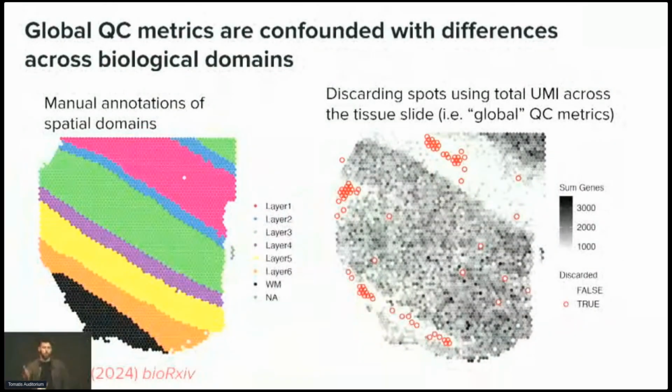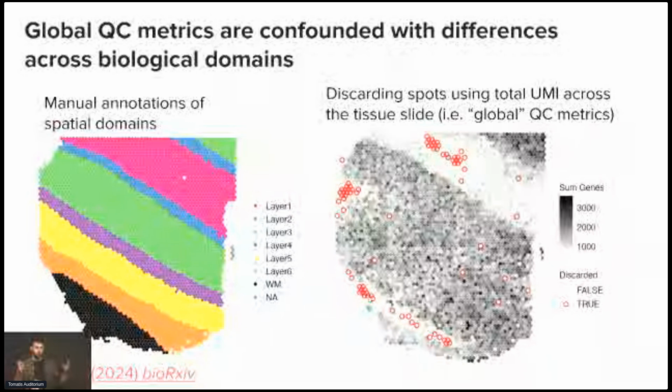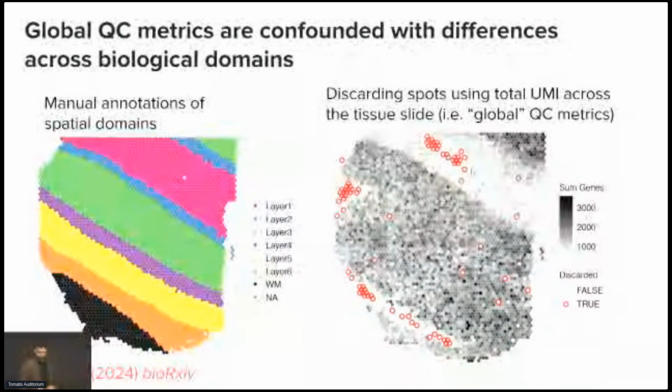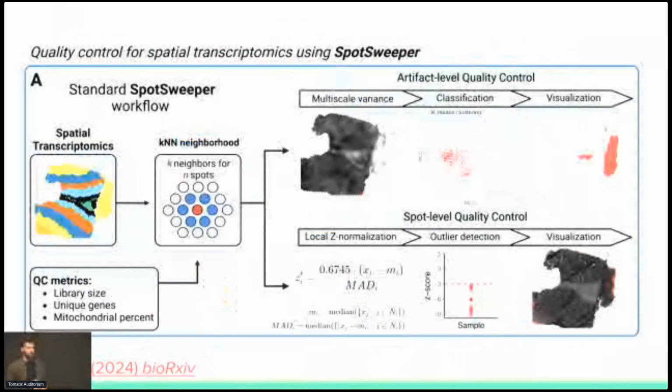If you just globally exclude spots based on the library size, you would expect to exclude a lot of these spots. Sure enough, you can see there's obvious bias in the spots that are deemed low quality and removed. You're going to remove a lot of your white matter as well as your layer 1 in these samples. That's why we wanted to develop a method that can do QC a bit better, help you retain your data, but also still identify the true low quality spots.